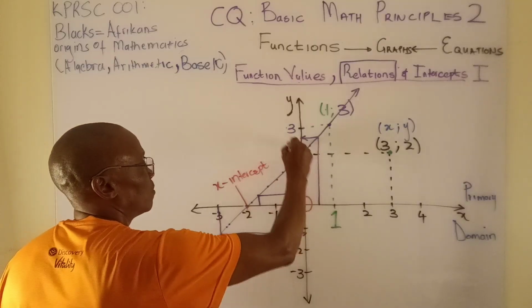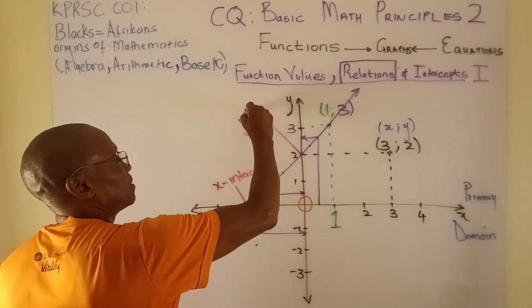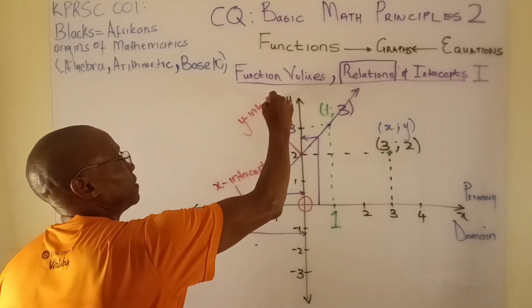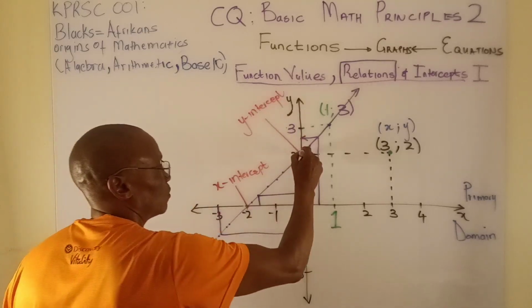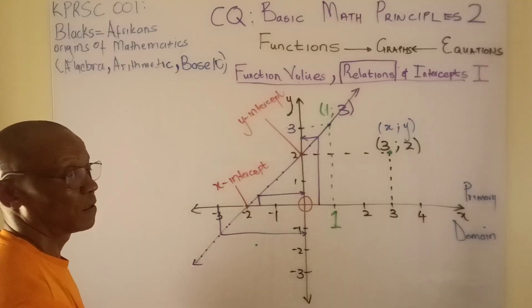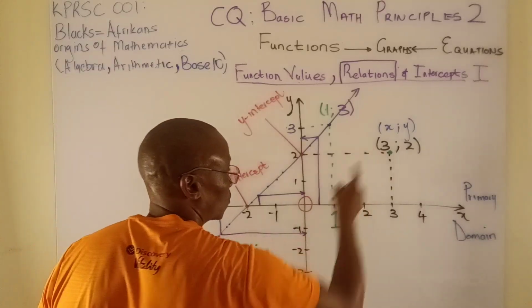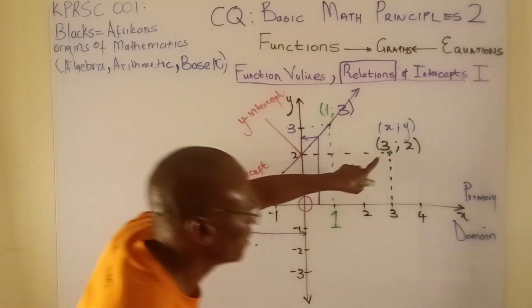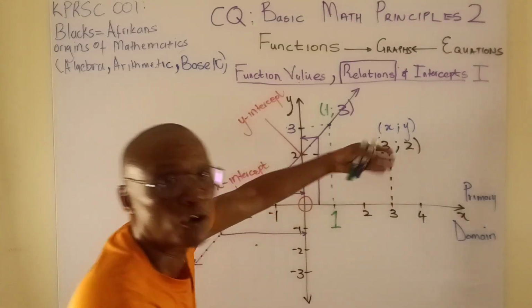And this one here, we call it the y-intercept. But you and I know that it's a point on the line, and it's got coordinates, just like this one has got coordinates. It's just that this point is not on the line. It's just a point on the plane.